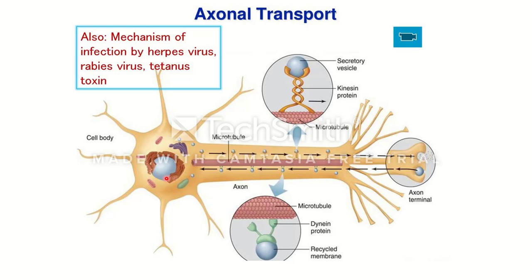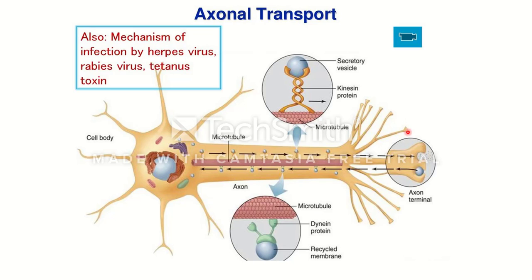The poliomyelitis virus gets into the body orally, by chewing the food, and when it reaches the gastrointestinal system, it can be transported from the end of the axons.